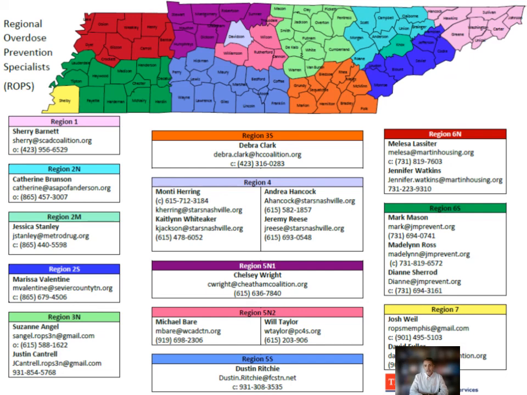They're also very instrumental in providing information on other addictive drugs, stimulants. So please be familiar with your regional overdose prevention specialists and rely on them and utilize them to help your patients and get them that warm handoff into treatment if you don't have those connections for behavioral health linked directly to your practices.